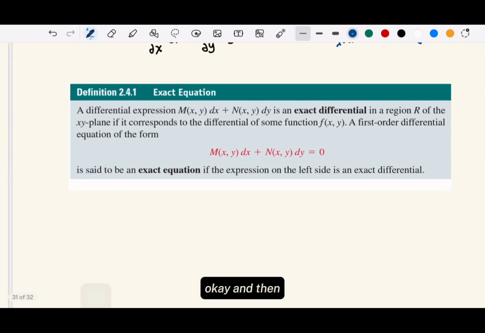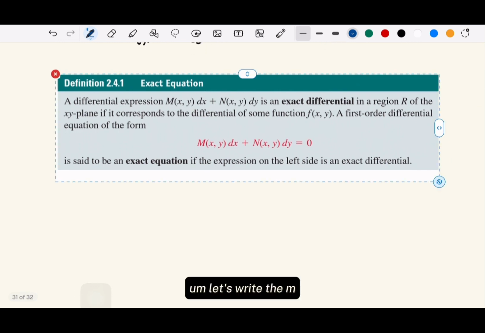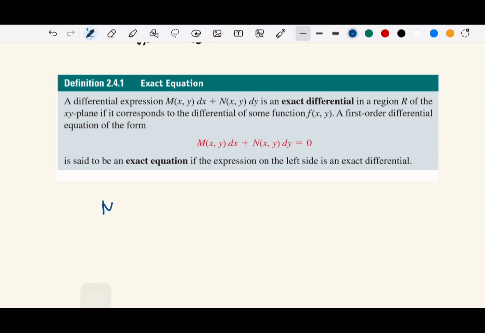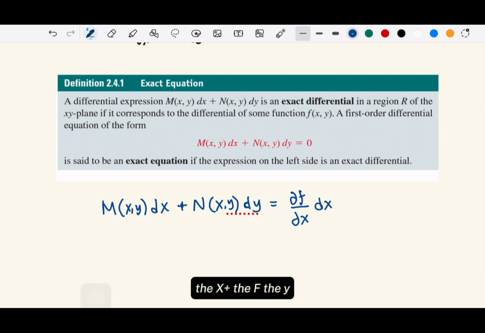If we write M(x,y) dx plus N(x,y) dy, we can rewrite this as ∂f/∂x dx plus ∂f/∂y dy.